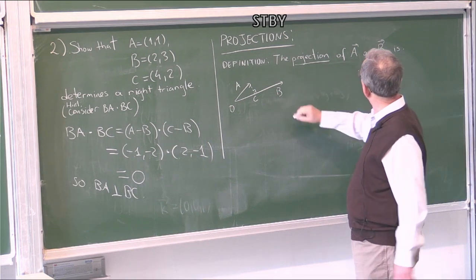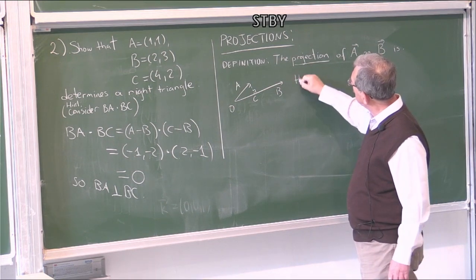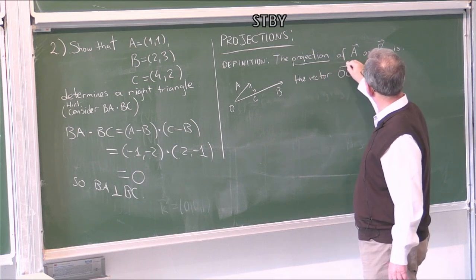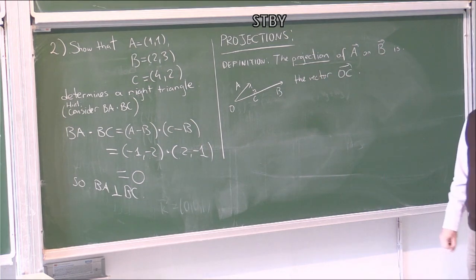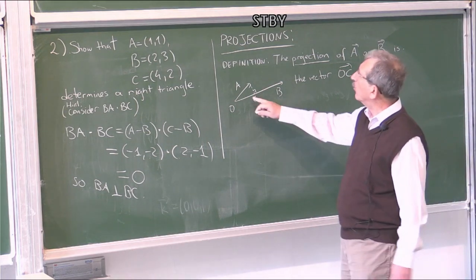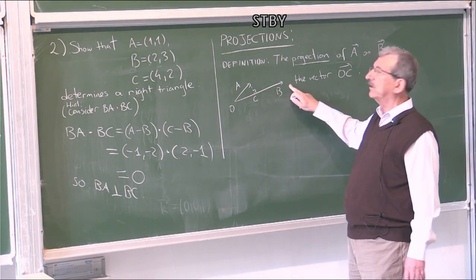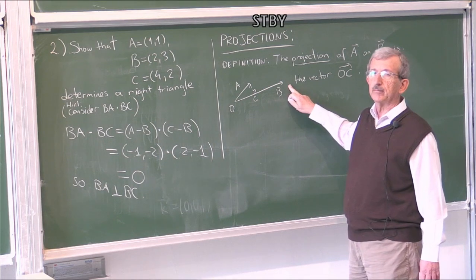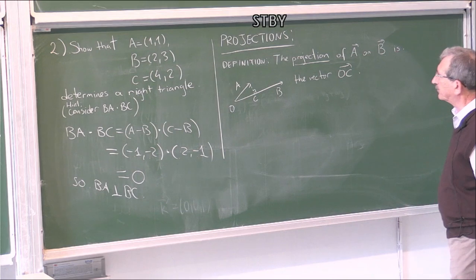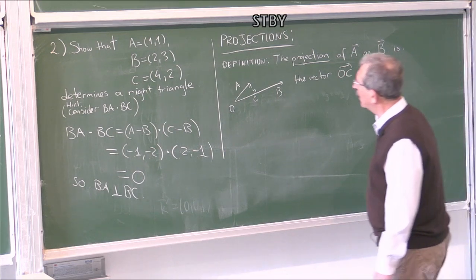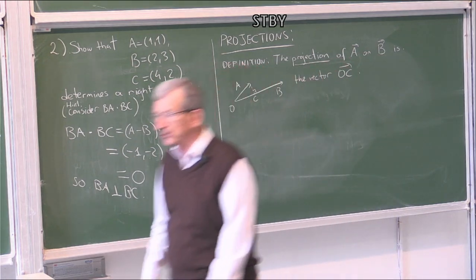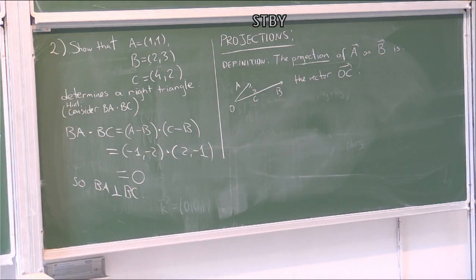It is the vector OC. So OC is a component of A, if you want, which is parallel to B. Now, how can we calculate this projection?